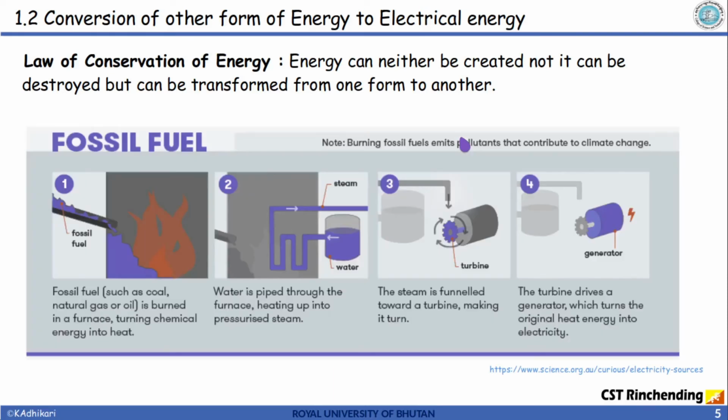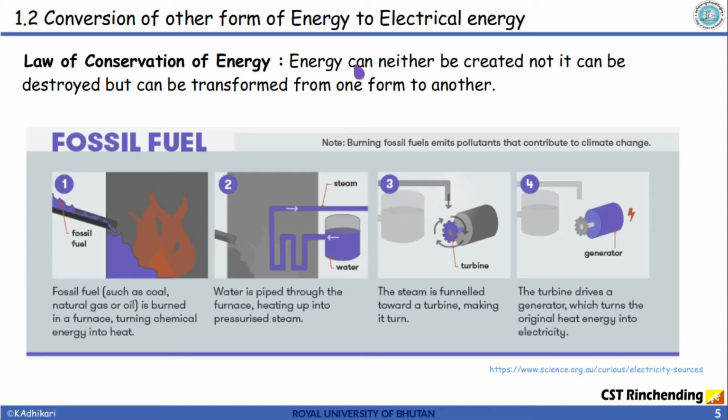The conversion is based on the law of conservation of energy, which states that energy can neither be created nor destroyed, but it can be converted or transformed from one form to another. But we need to understand that when the conversion happens, there's always a loss associated with it.